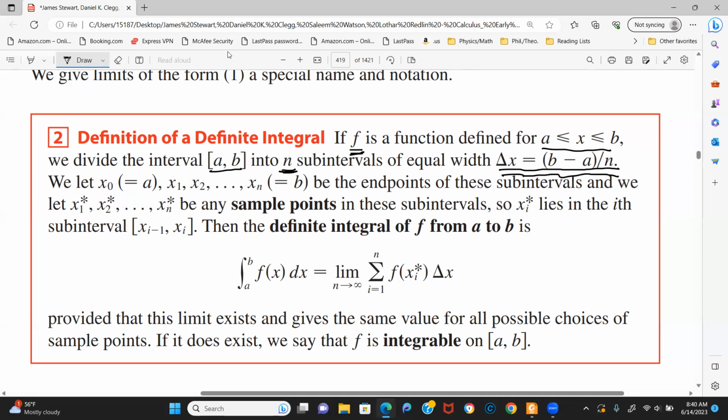Now we can take the endpoints of these subintervals. x0 is going to be a, the leftmost endpoint of the entire interval a comma b, and xn is going to be equal to b, the rightmost endpoint of the entire interval.